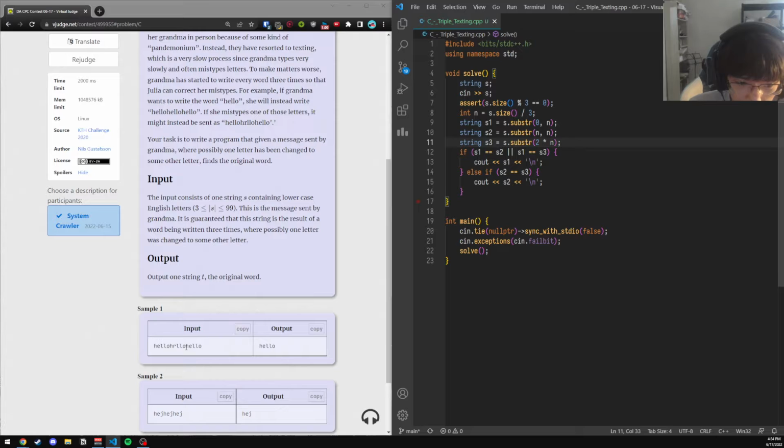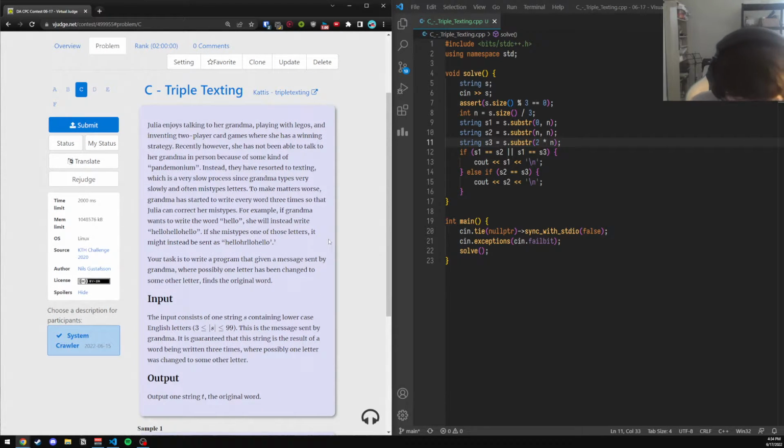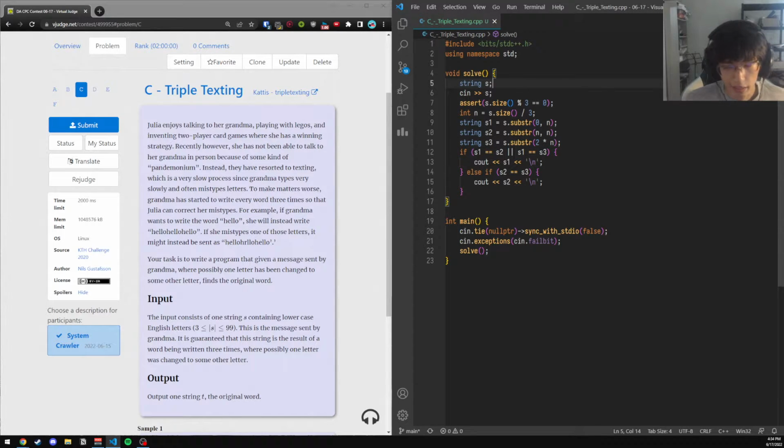So out of these 3 strings, we're guaranteed that either S1 is equal to S2, S1 is equal to S3, or S2 is equal to S3. So in all of these cases, we're guaranteed that these are all the cases. If you can split it up into each of the possible cases, it does make it a little bit easier. But yeah, it's just getting used to thinking in this way.